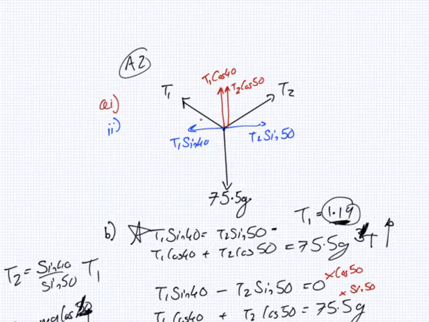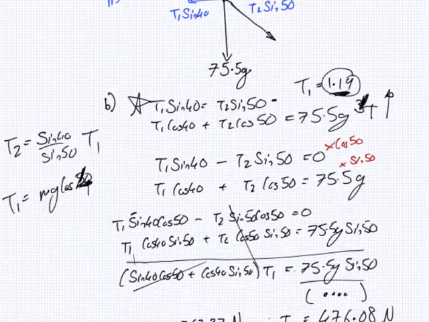How did you get that? Oh, because you did this? Because T1 plus T2 equal mg. Actually, Bruce, that's a very interesting idea.